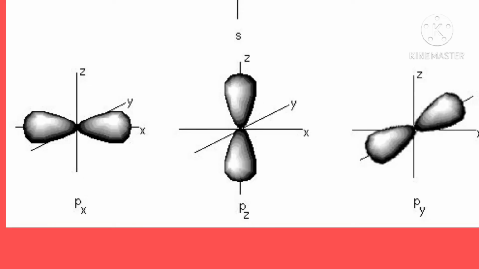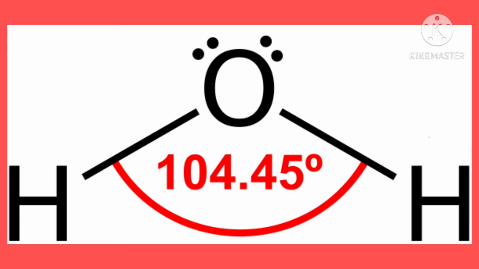Therefore, there should be 2 sigma s-p bonds due to the overlap of the s orbitals of 2 hydrogen atoms with the p orbitals of the oxygen atom which contain unpaired electrons. Then the bond angle in water should be 90 degrees, but the bond angle observed is 104 degrees 31 minutes.